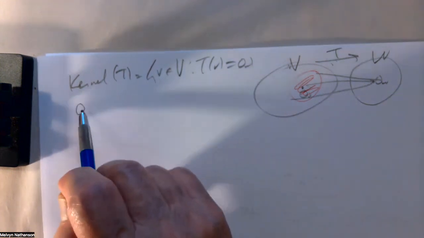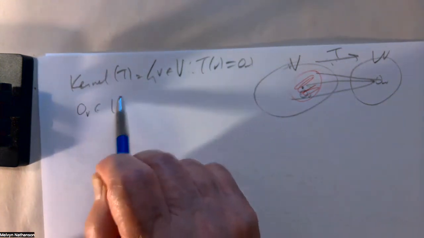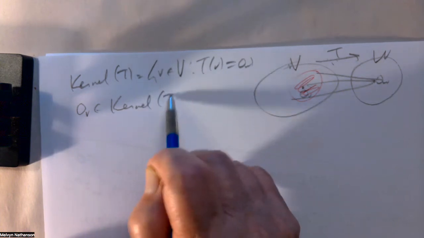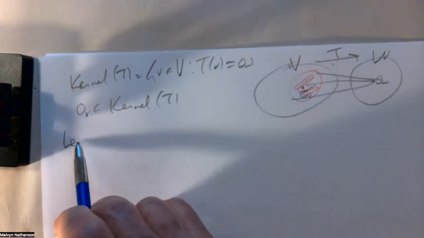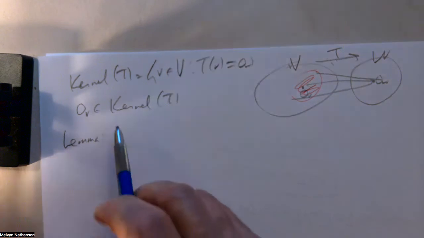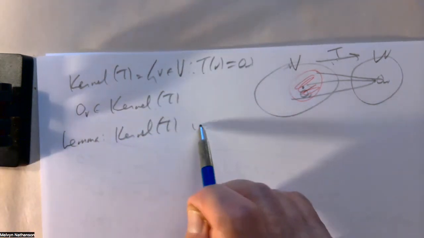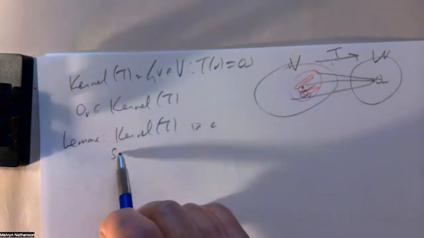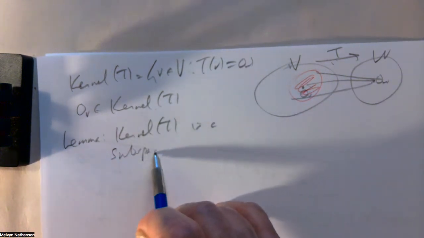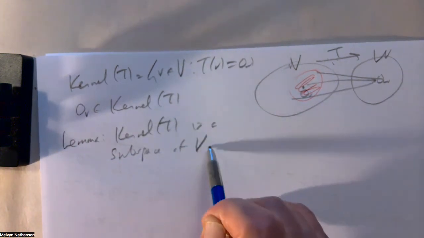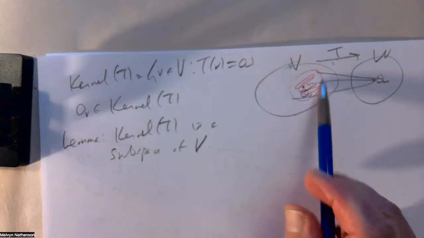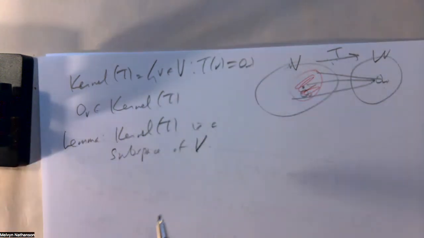So we just proved that the 0 vector in V is in the kernel of T. And there's a nice simple lemma that says the kernel of T is a subspace of V. If you look at all the vectors that get mapped to 0, that's a subspace of V.